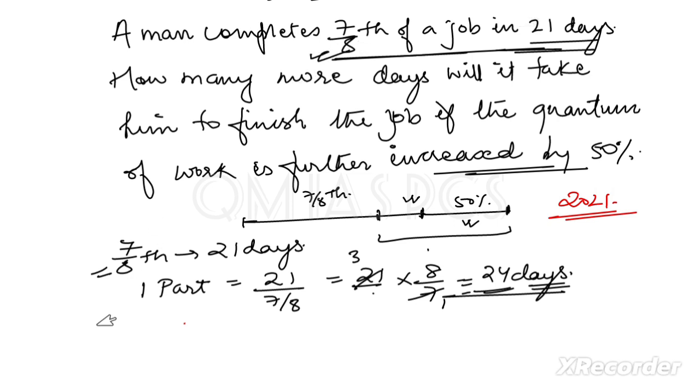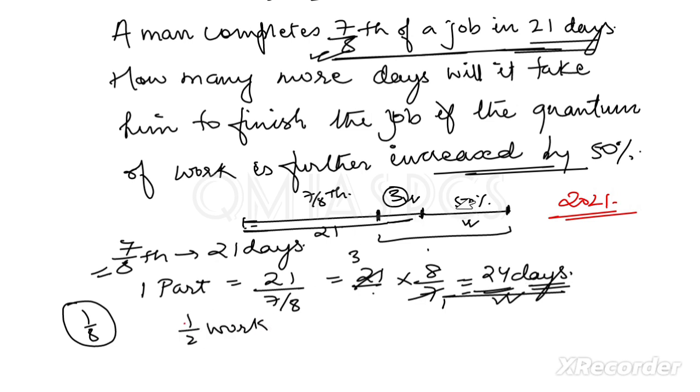That means obviously 1 by 8 part is left. So this part is completed in 21 days and this will be completed in 3 days, and in total, the whole work will take 24 days.